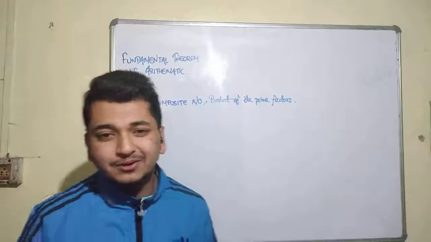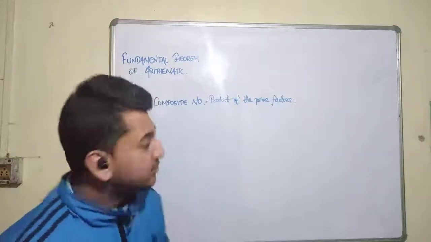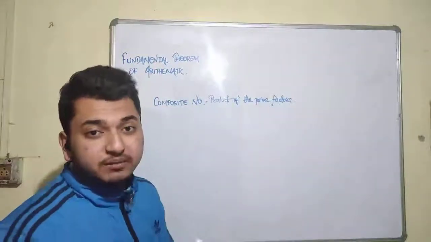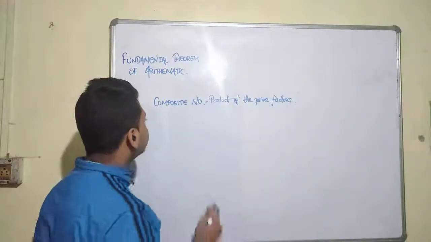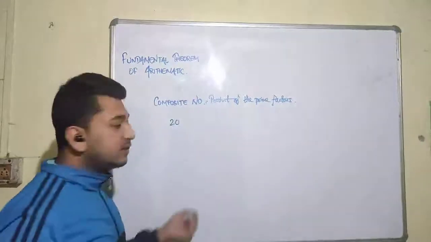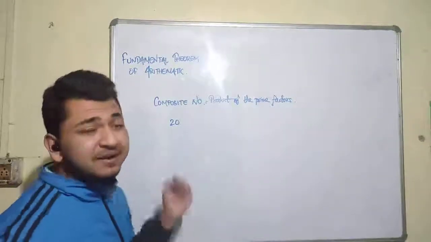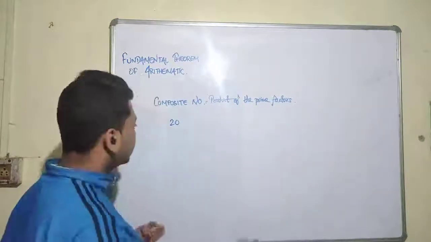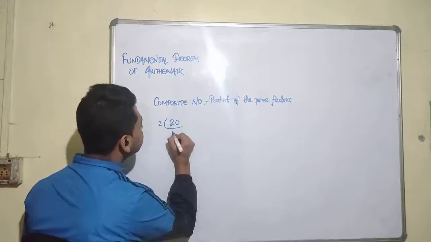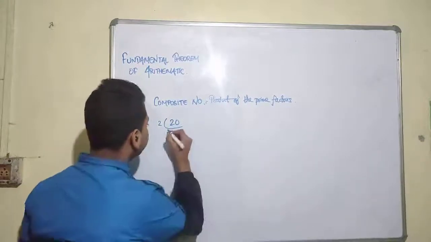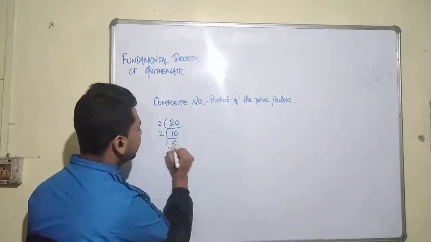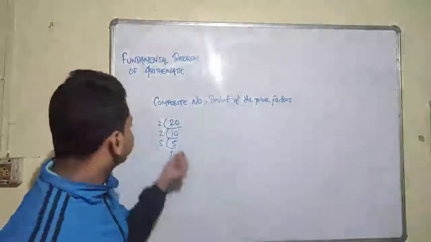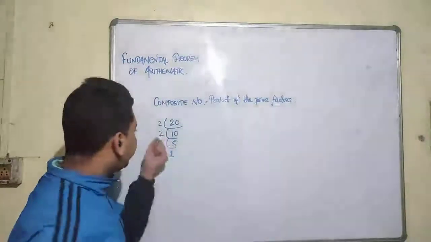I guess you people did not understand this, so let me explain how. If you have a composite number, say 20. So 20 can be expressed in the form of a product of prime numbers. How? Look, 2 tens are 20, 2 fives are 10 and 5 ones is 5.